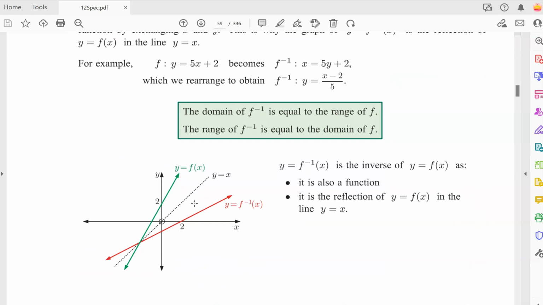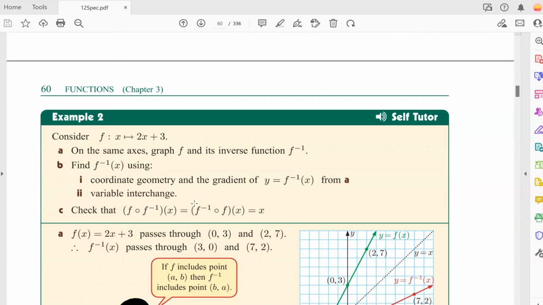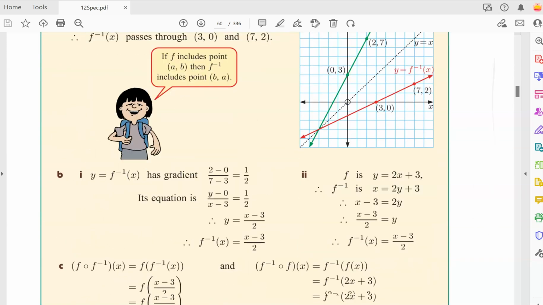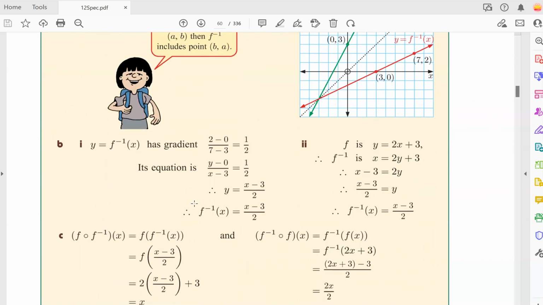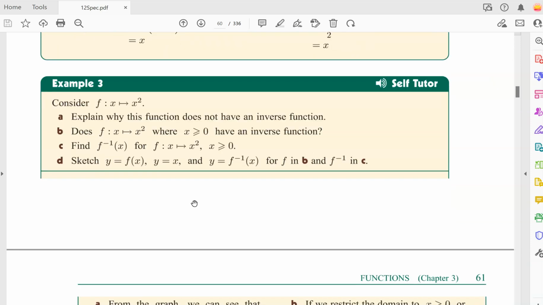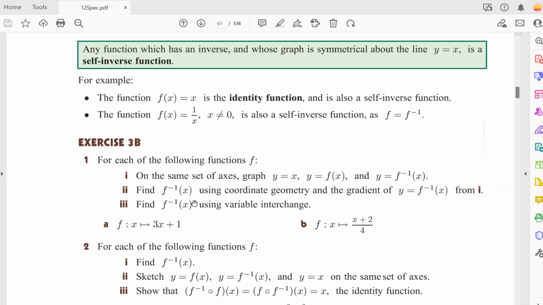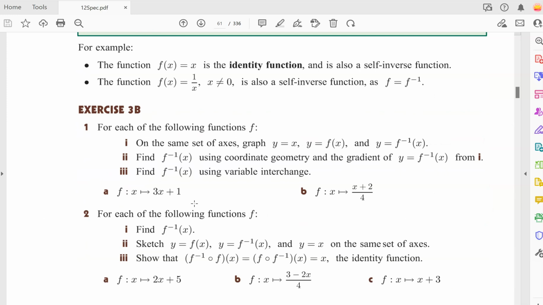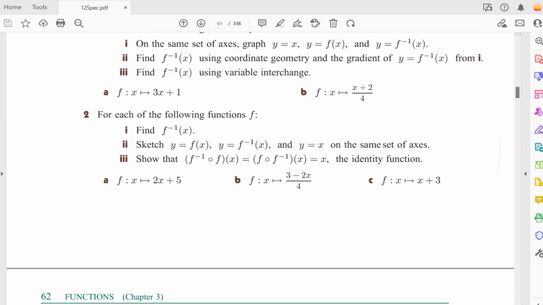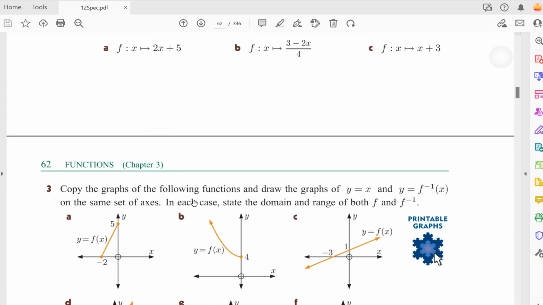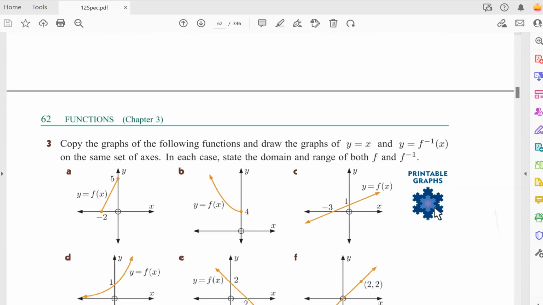The inverse is reflected in the line y equals x, and that's how we find the inverse. So finish your polynomial stuff. Do 3a, and I want you to read and start 3b. Question 1, 2, 3.